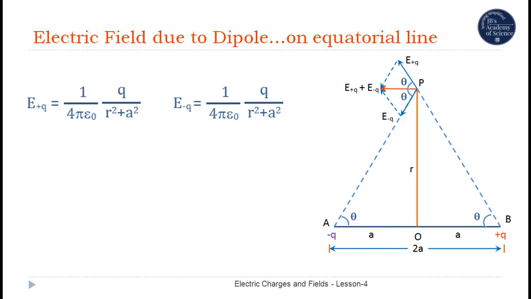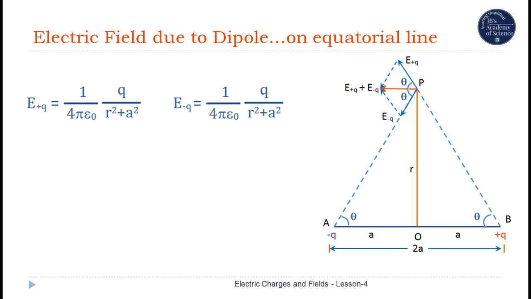So, E plus Q is equal to 1 by 4 pi epsilon 0, Q divided by R square plus A square, where root of R square plus A square is the distance between the minus Q charge and P, and the plus Q charge and P. E minus Q is also 1 by 4 pi epsilon 0, Q divided by R square plus A square.